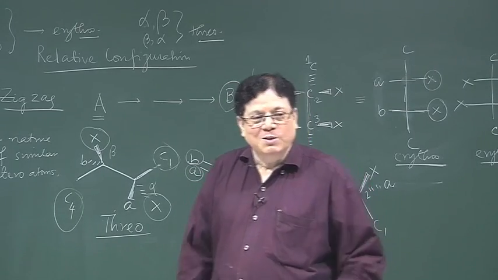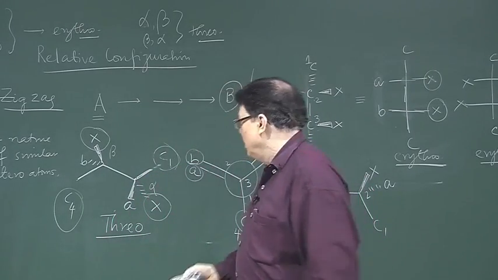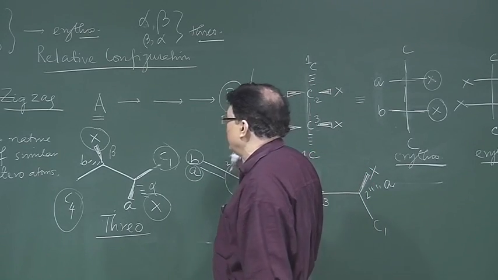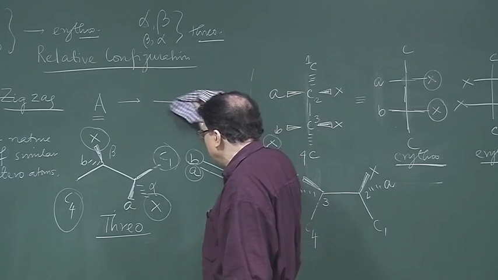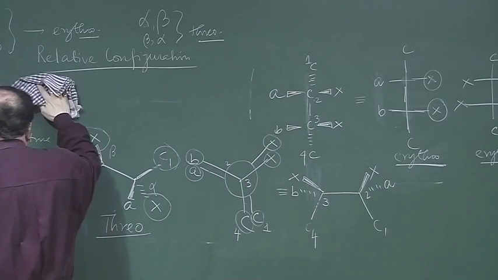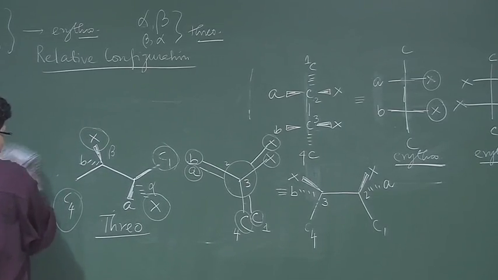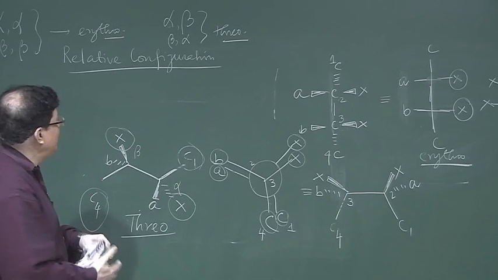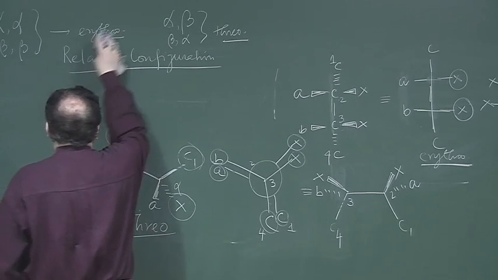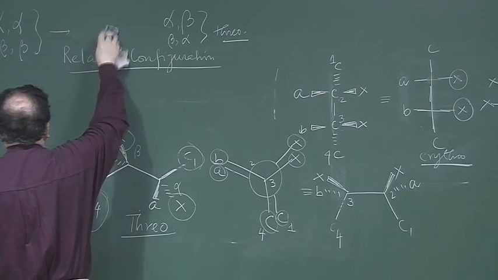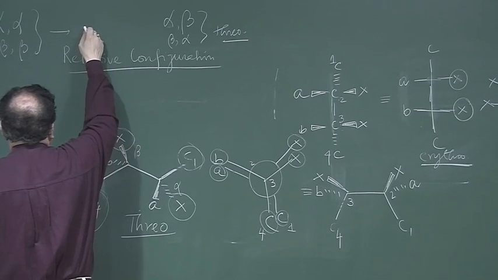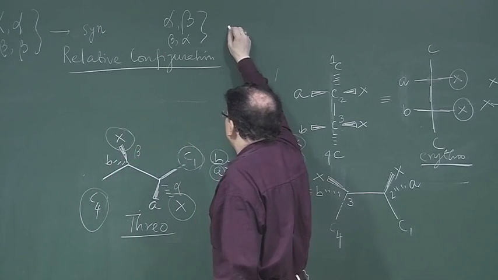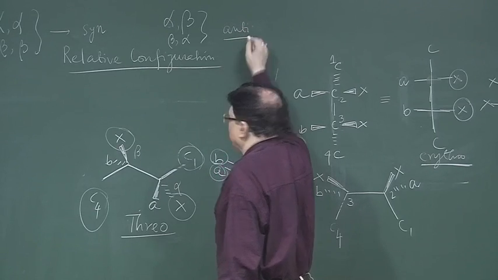Seeing all these confusions, another scientist at MIT in the USA, Masamune, said: let us forget about the threo-erythro system and have a unified name that does not complicate the scenario further. So, do not call alpha-alpha or beta-beta erythro; better call it syn, and when it is alpha-beta or beta-alpha, call it anti.